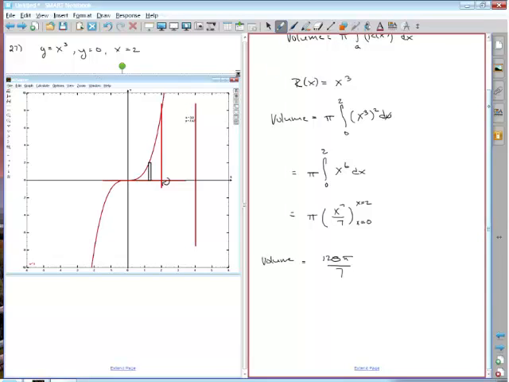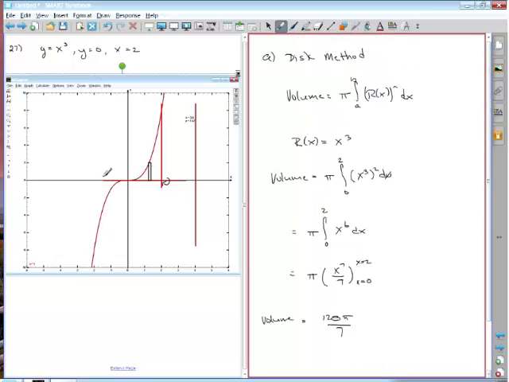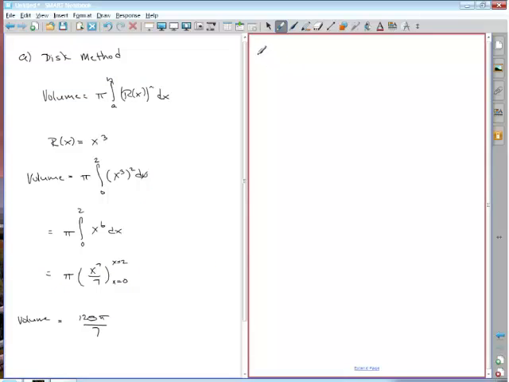Okay, so that's the first part. The second part is around the y-axis. In that case, we're going to have the shell method. The radius is going to be equal to x. So part B, this is where we rotate around the y-axis. And we're going to have a shell.